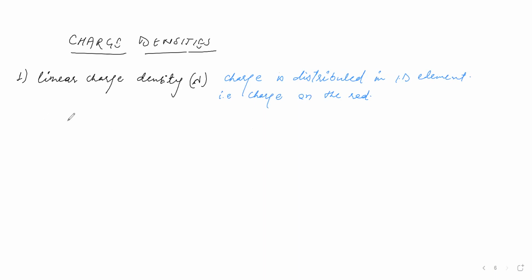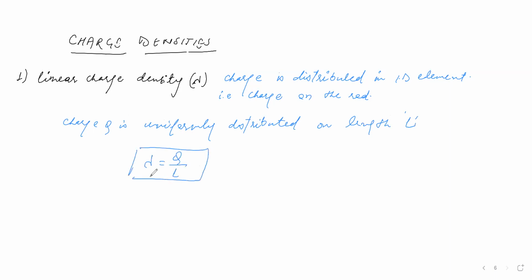Remember here, if the charge Q is uniformly distributed on length L, then your formula will be lambda is equal to Q by L. This is your formula.